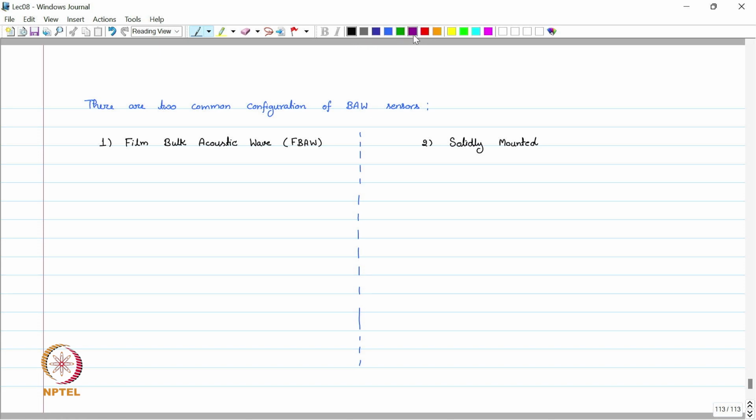So for the film bulk acoustic wave, we have a substrate.